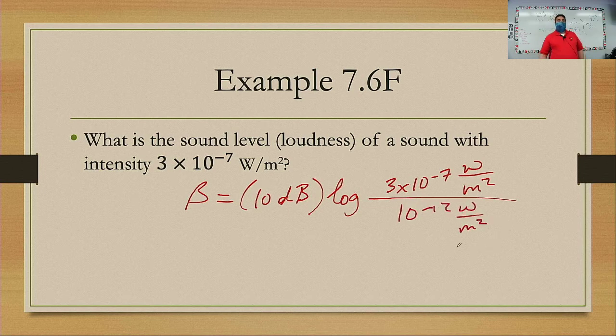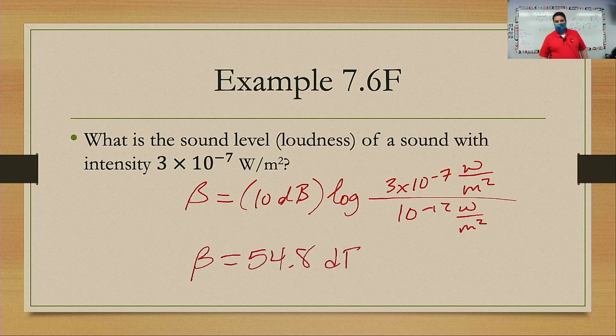The 10 to the negative 12th is the threshold of hearing. That's our zero point for the decibel system, which is why we always base everything off that. When you put everything in the calculator, we get about 54.8 decibels, so you'd probably hear it as about 55.